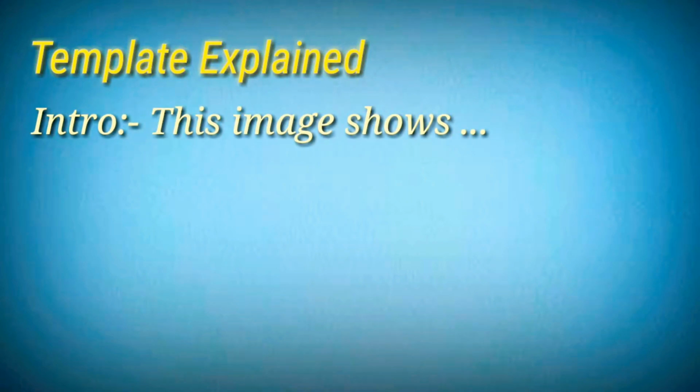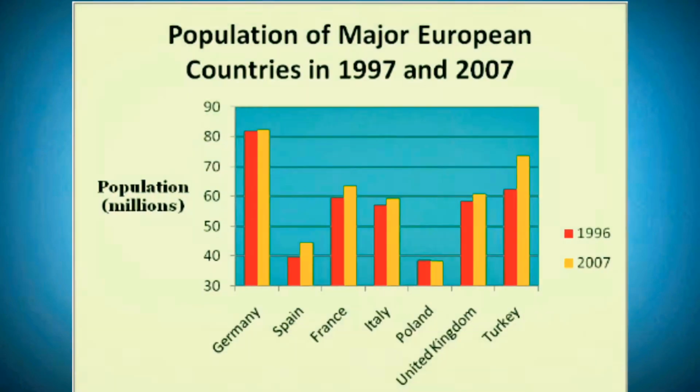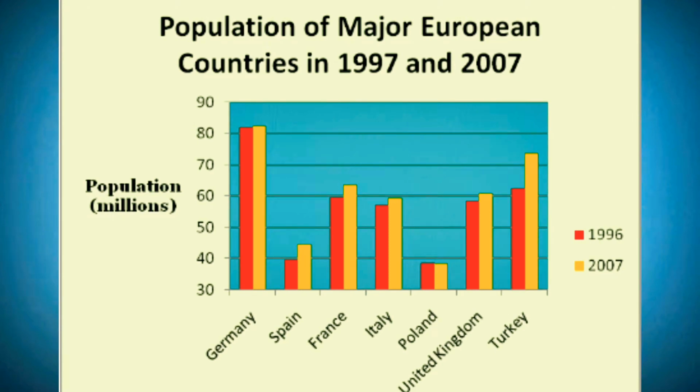In this case, this image is a bar chart, so I would usually start with "this bar chart shows." Including the topic in full would simply go as follows: This bar chart shows the population of major European countries in 1997 and 2007. And that would simply be my introduction.